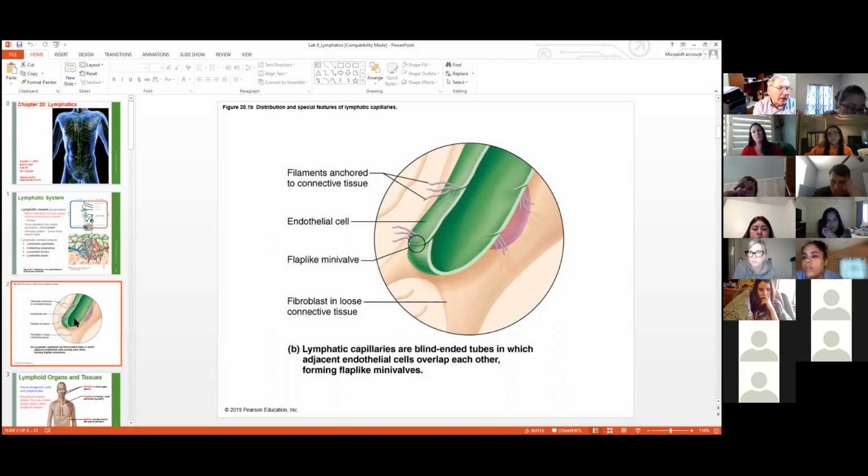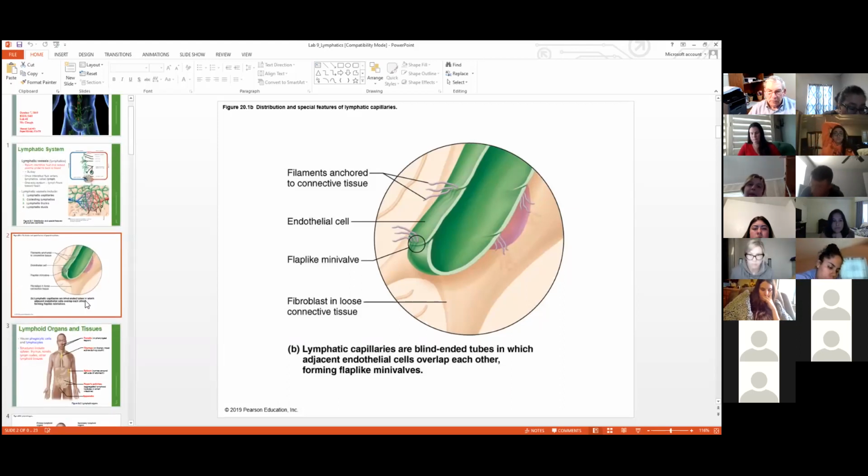Adventitia is just a name for a similar kind of covering on the outside area of something. I don't really even intend to use it. It's just an outer covering. I saw it a while ago and I thought about saying something about it, and then something else messed up. Anything else on this one?